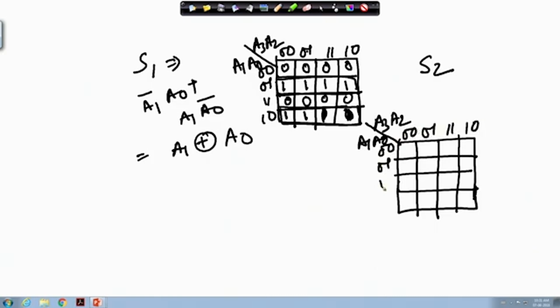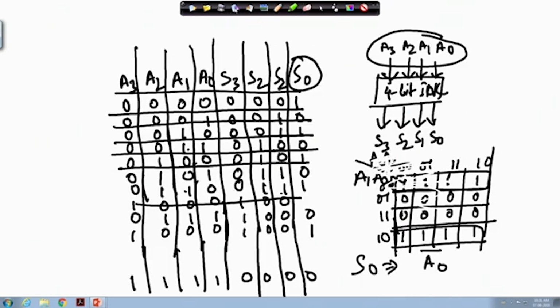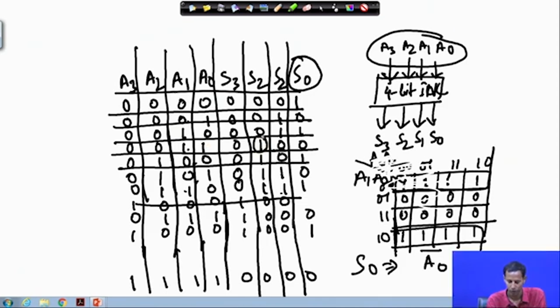Now if I go back, for 0, 1 and 2, these three are 0. For 3, the S2 value is 1, for 4 this value is 1, for 5 this value is 1, for 6 this value is 1. Again for 7 this is 0, for 8 this is 0, for 9 this will be 0.